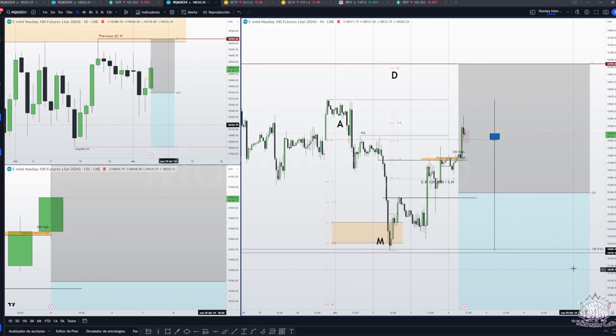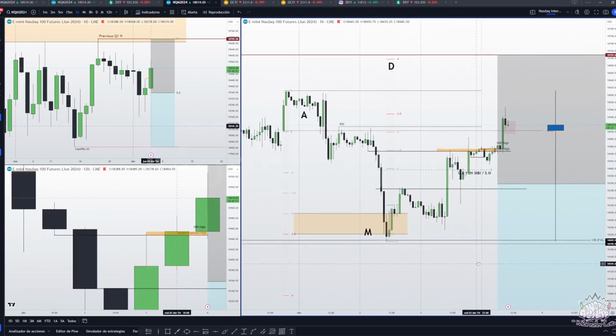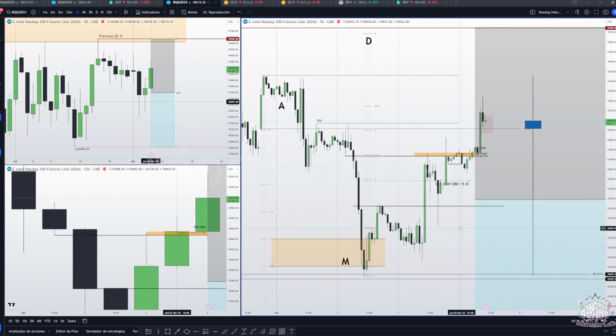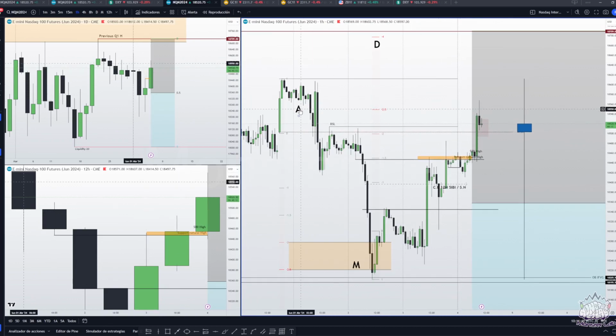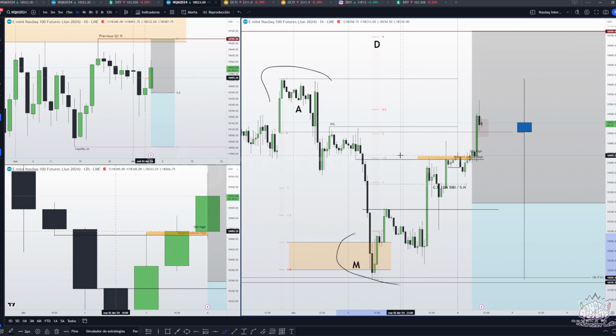So for the monthly power of 3, I think this is the accumulation here. This is the manipulation, the 2 and 2.5. Price is in the distribution phase.